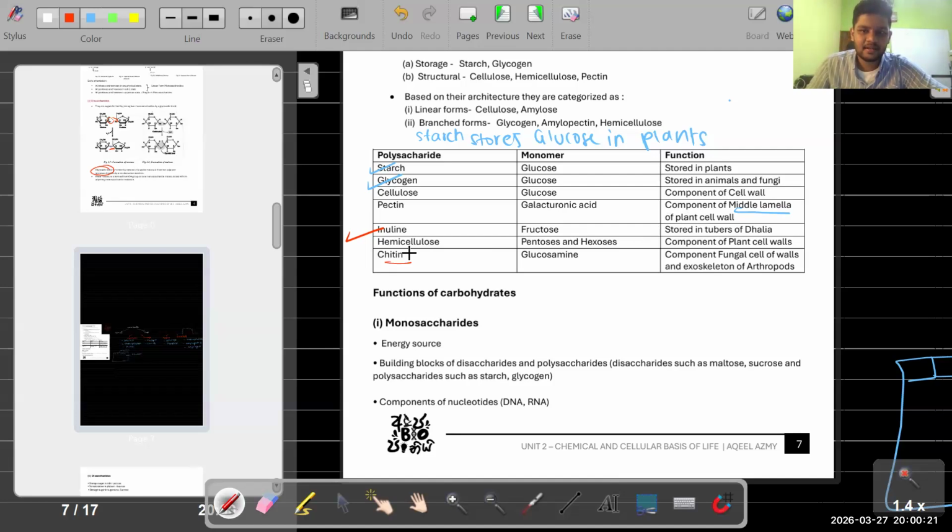That's it. So what? Now, normally in A levels they have asked these questions, in the structure paper. Normally in the structure paper they used to ask what is the monomer of pectin. They used to ask, name the polysaccharide that is a component of the middle lamella of plants. They can take it in any way, but you should be thorough in this table.